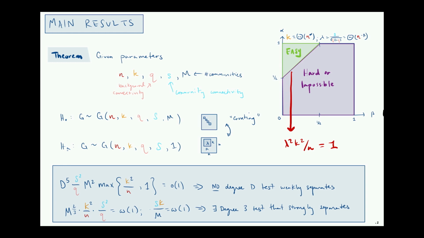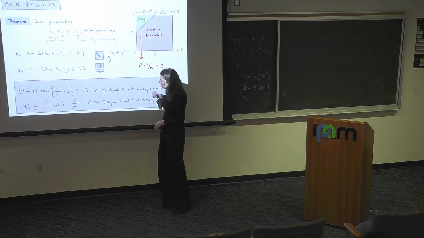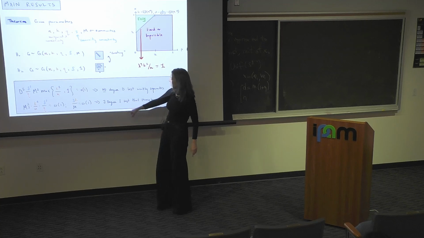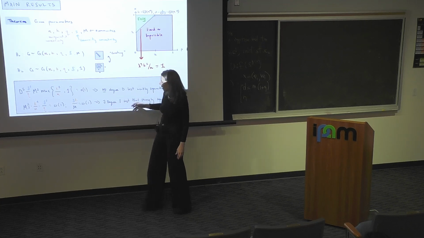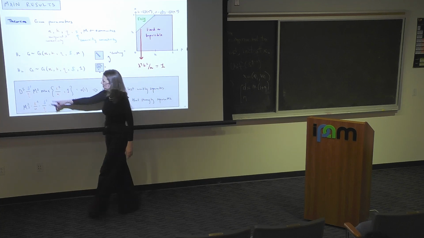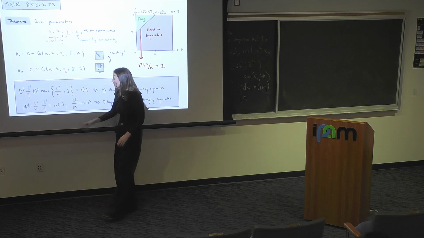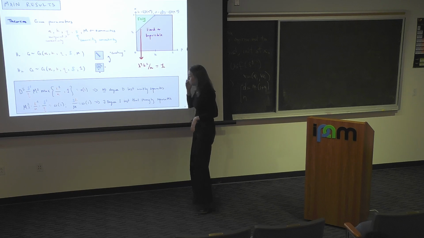More or less, this says if s squared over q times k squared over n is little o of 1, then no degree D test weakly separates. On the other hand, triangle counting is going to separate if this term, s squared over q times k squared over n, is omega 1, right?